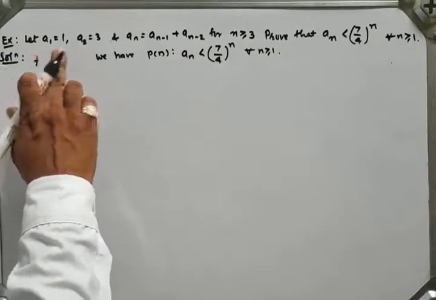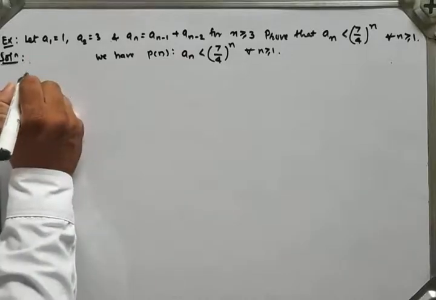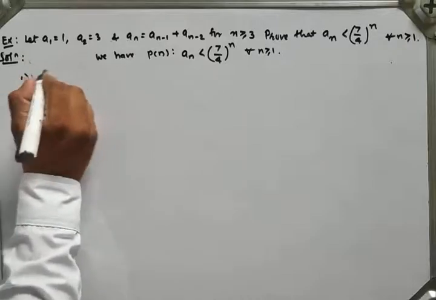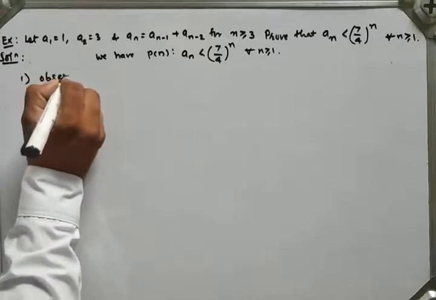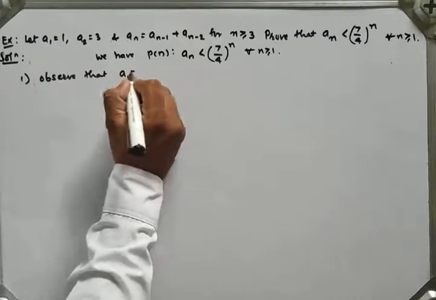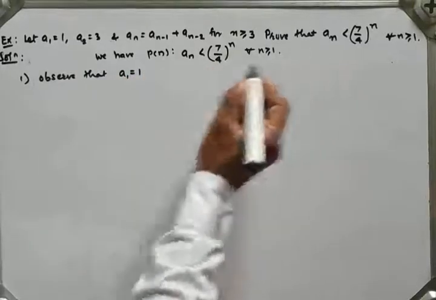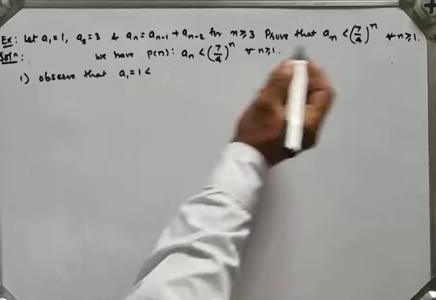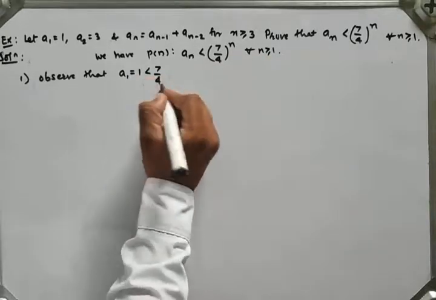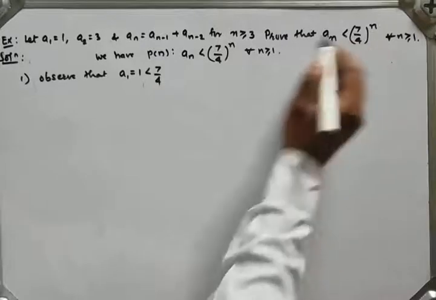First case: observe that a_1 is equal to 1, which is always less than 7/4, right? Because I substitute n equal to 1 in this equation.